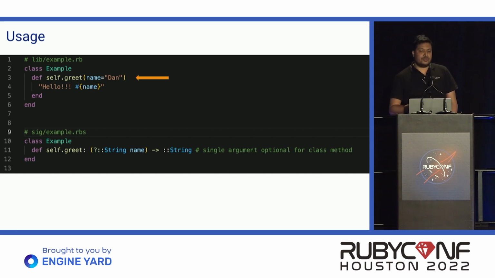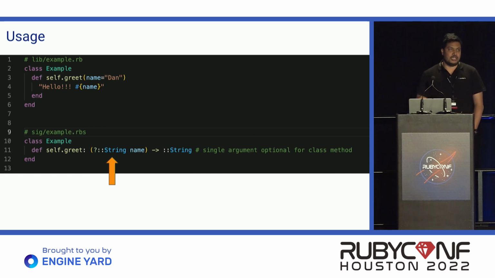For optional arguments, anything which can be nullable, we use a question mark to define that this value can be nil. If you see at line number 11, the function greet is accepting an argument with a string type which can be nil. So we can call the greet function without any argument also. But if you call greet with an argument, then it should be string only. There is no other option.